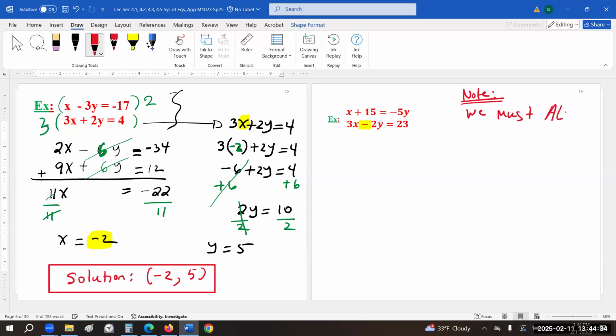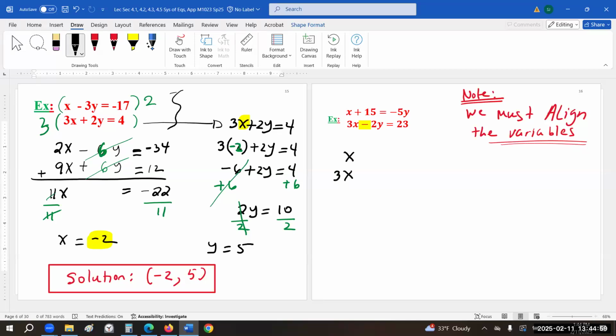We must align the variables. Align means we want the same variable on top of one another. So we have x on the first one, 3x on the bottom one.